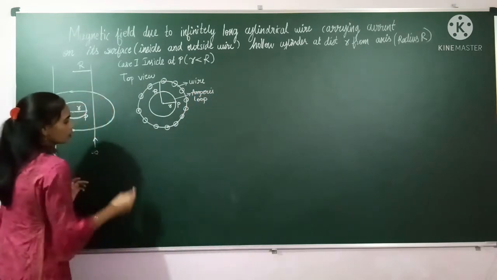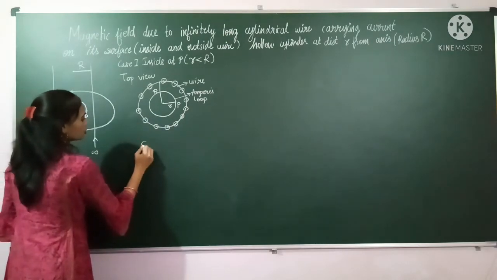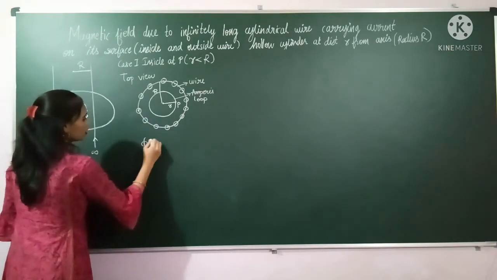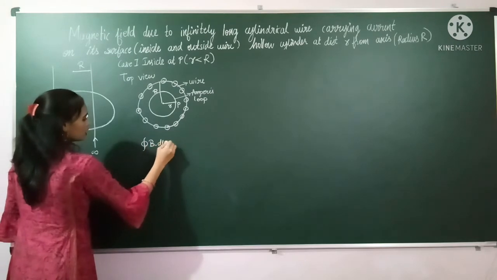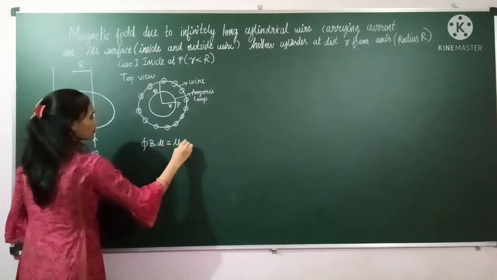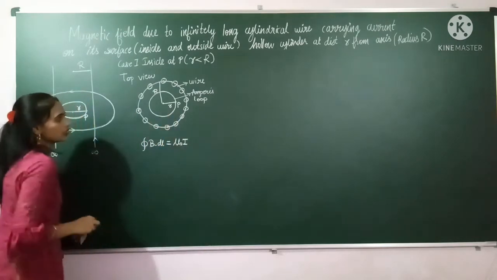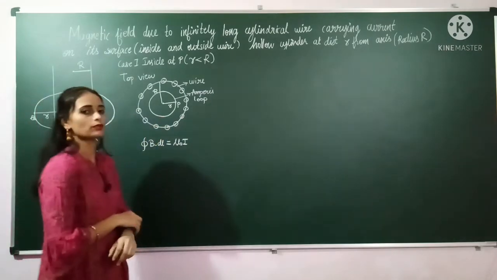Now we apply Ampere's circuital law, that is closed integral B dot dl equals mu naught I. If you are not understanding this top view, I will explain.